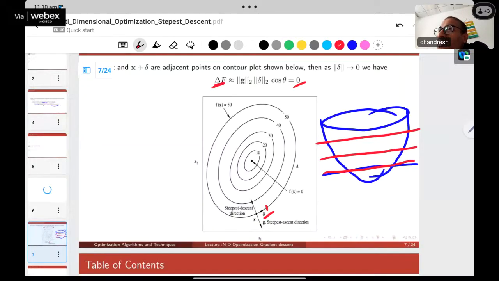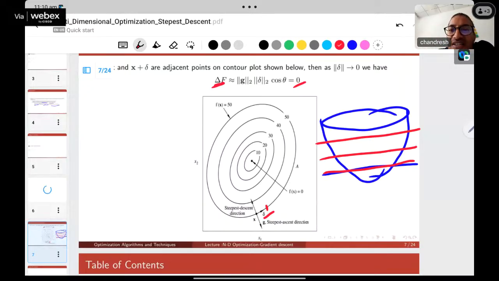If I move by a small amount delta on the same contour line, the function will not change. It is because the function value is the same.